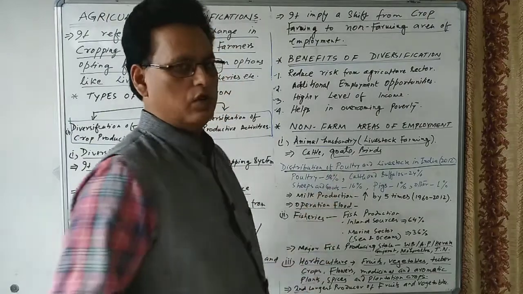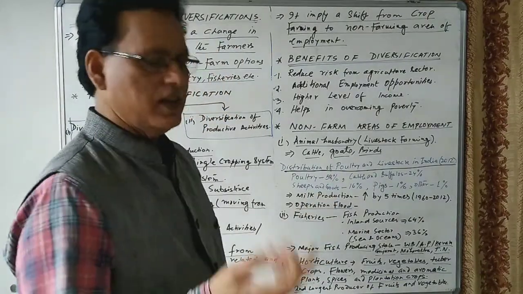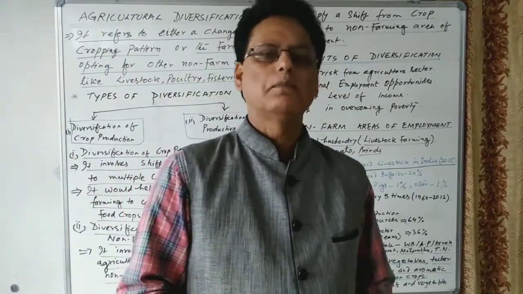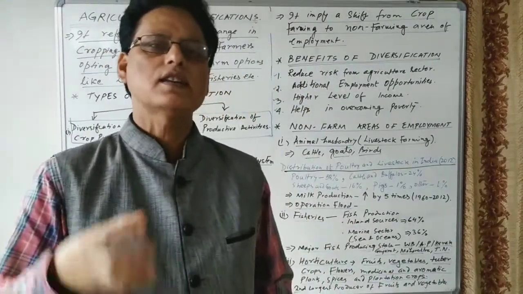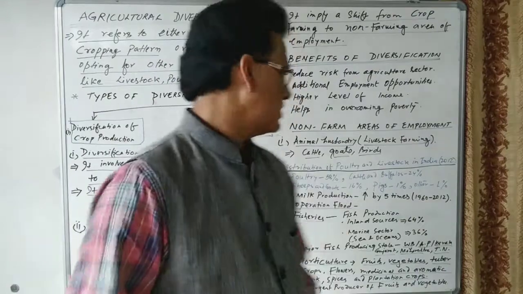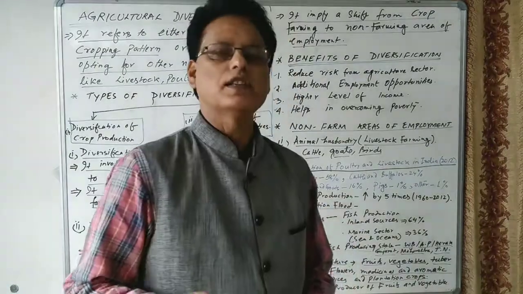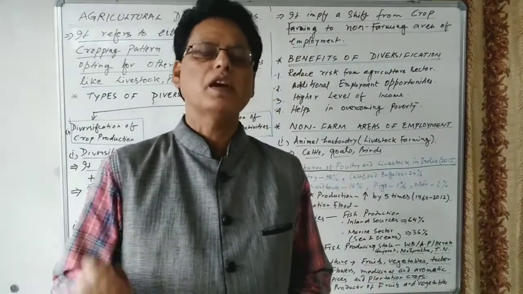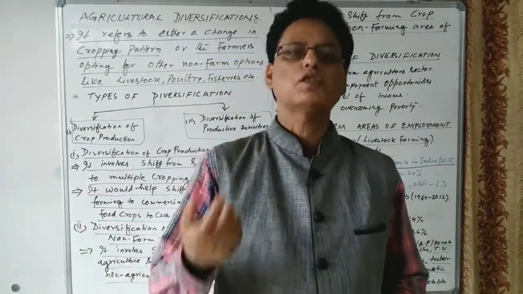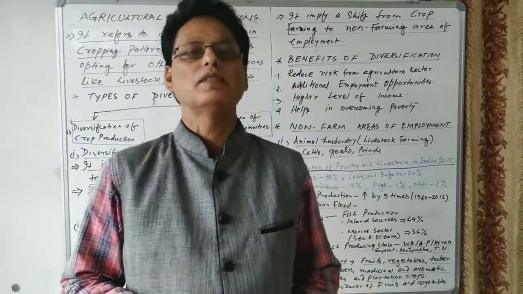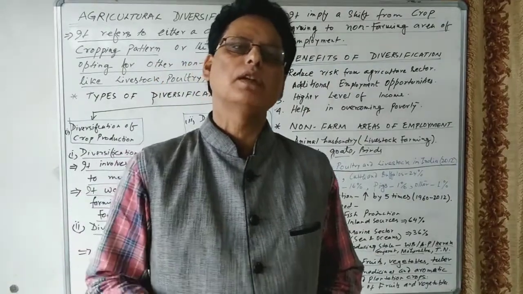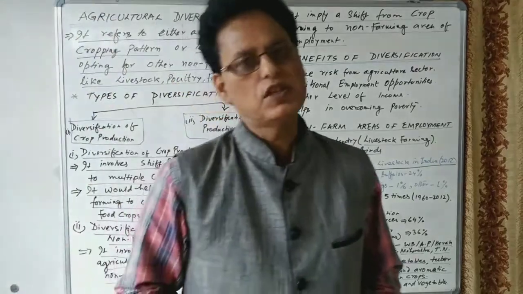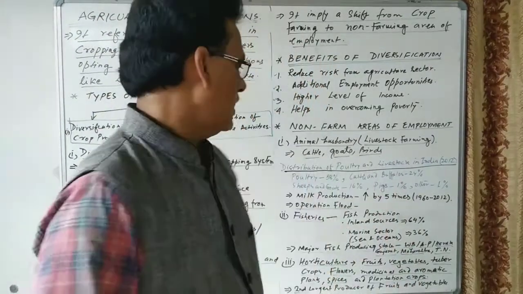Goats are also raised in some areas for milk, but especially for meat purposes. Then birds: take the example of poultry farming. Poultry farming is a major source of income for rural people. It has become a major source of productive non-farm activity in rural areas.